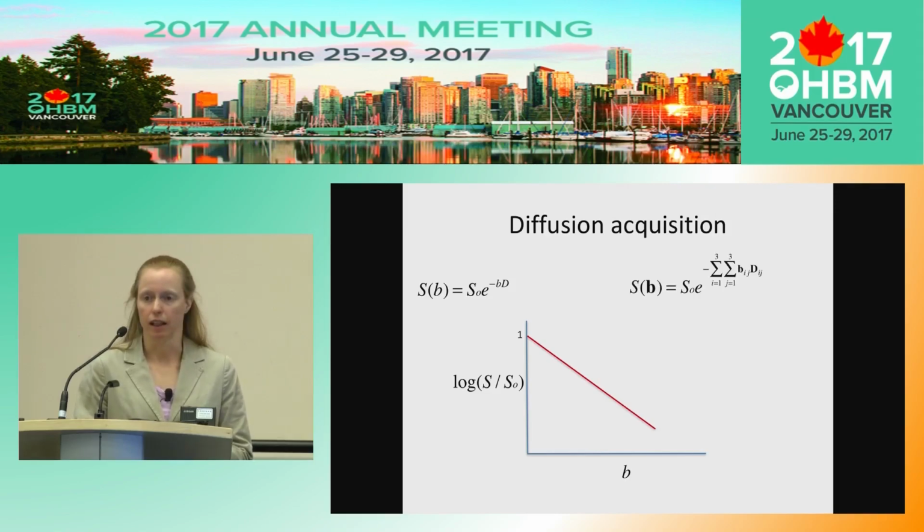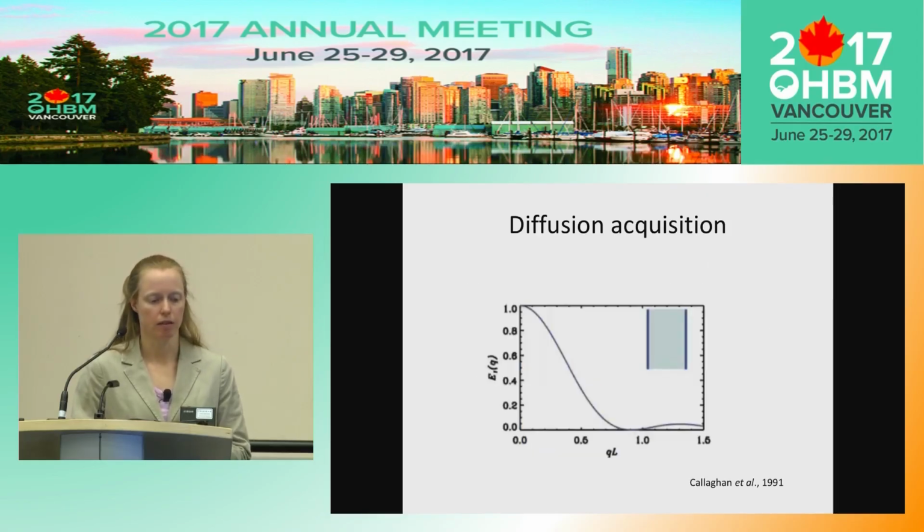If the diffusion is an anisotropic Gaussian, then you extend this to the tensor formulation. So I showed you the tensor-based probability distribution. And we invoke something called the B matrix instead of the B value, which allows us to encode the diffusion encoding gradient orientation as well as magnitude. We can also look at the signal as a function of that Q parameter.